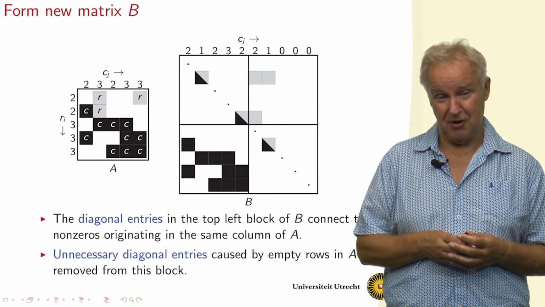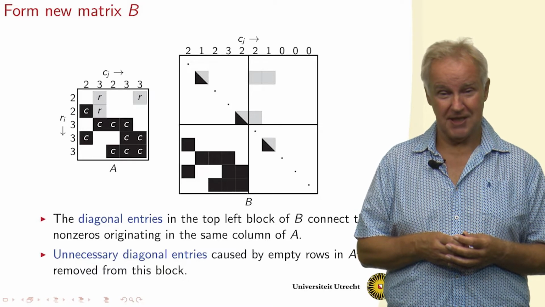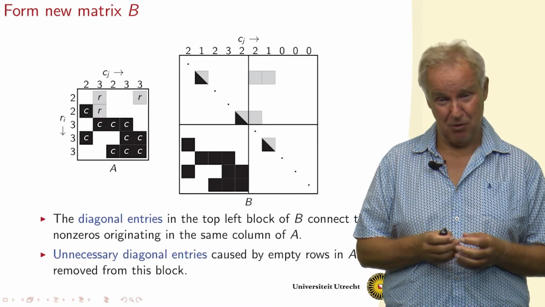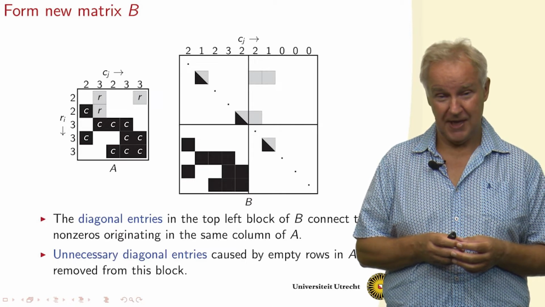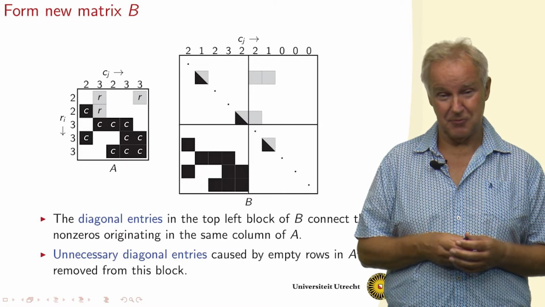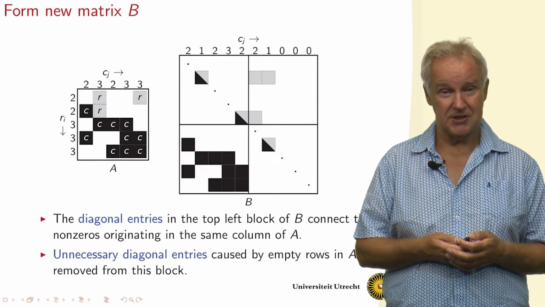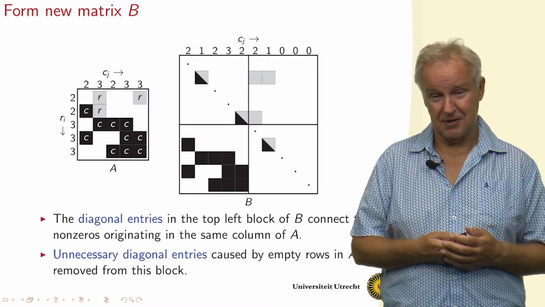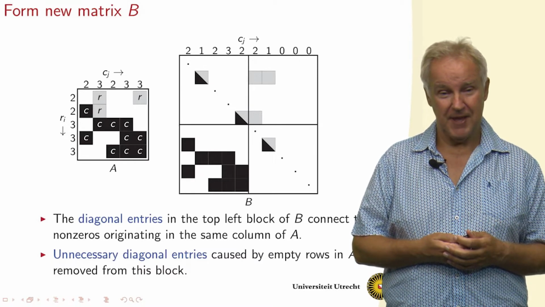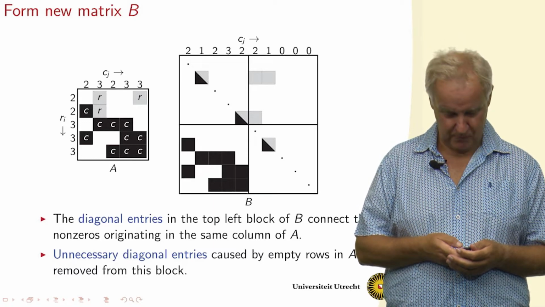It becomes column 1 of the matrix B. And then in the top, you see a square which has both colors, which connects it to the row. And so this is what we have for the diagonal entries. Now, if the row would have been empty, like row 0, then there's no need for the diagonal entries. So we remove them.